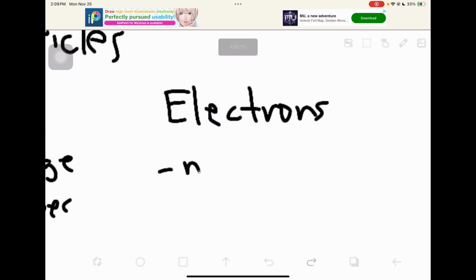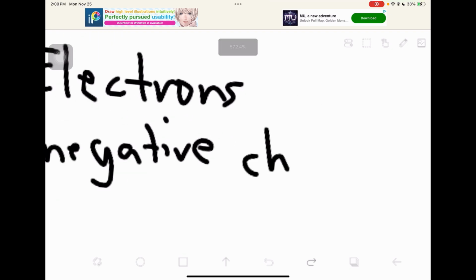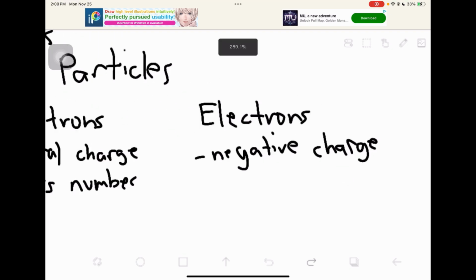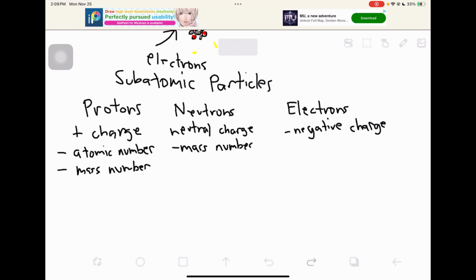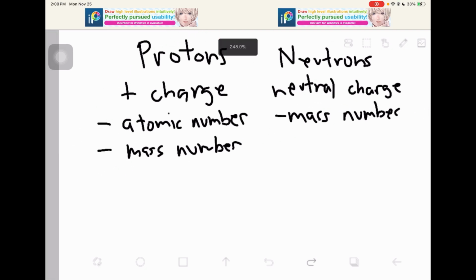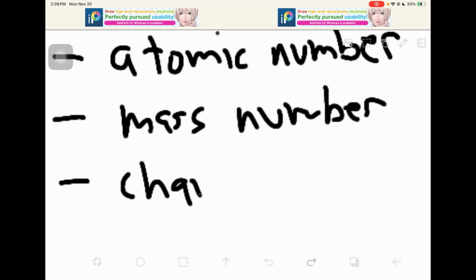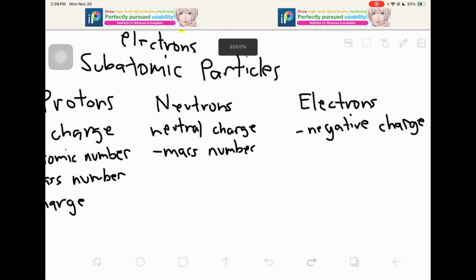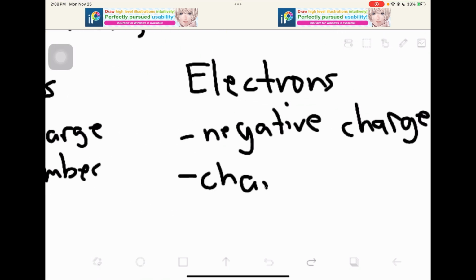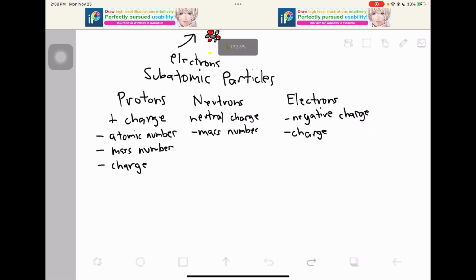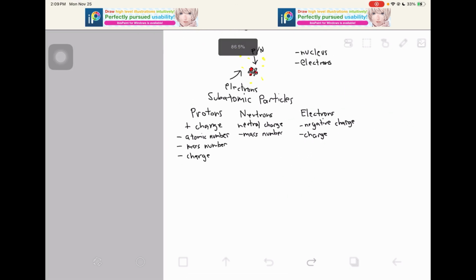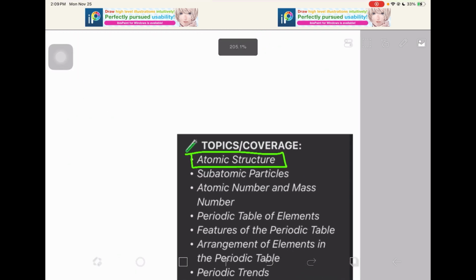They are negatively charged, and they do not affect the mass number. However, protons and electrons, they do affect the charge. So we'll learn about that charge later. All we need to know is that this charge is important as well as the mass number. So that really is it for subatomic particles.